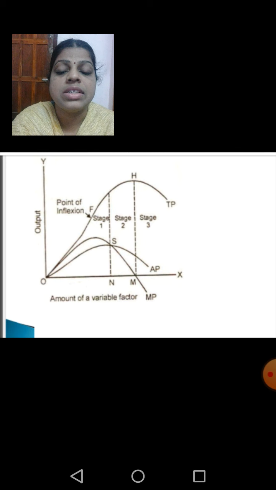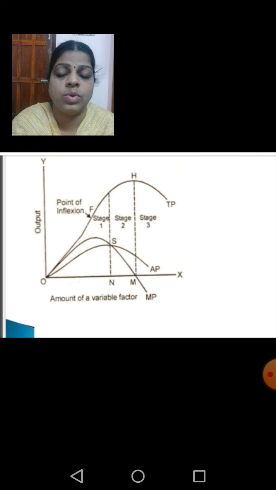And the second, I told you that when the AP is maximum, the MP cuts that AP value. Here see, when the AP becomes maximum, what happens to MP? Yes, MP also cuts the AP value. And after that, the value of the MP diminishes.